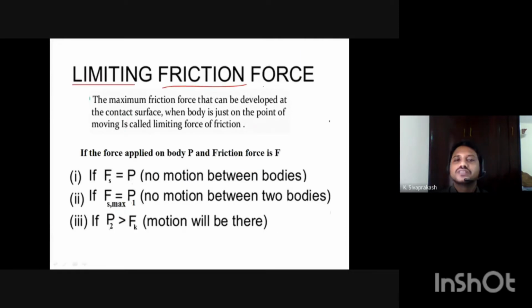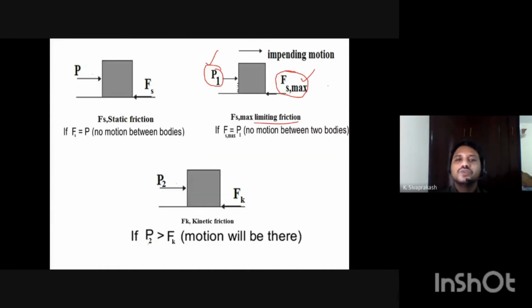What is the limiting frictional force? The maximum friction force. Even as you increase the external force to move the body, the frictional force also increases to resist the external force, in the opposite direction. Here, what is the maximum value reached?